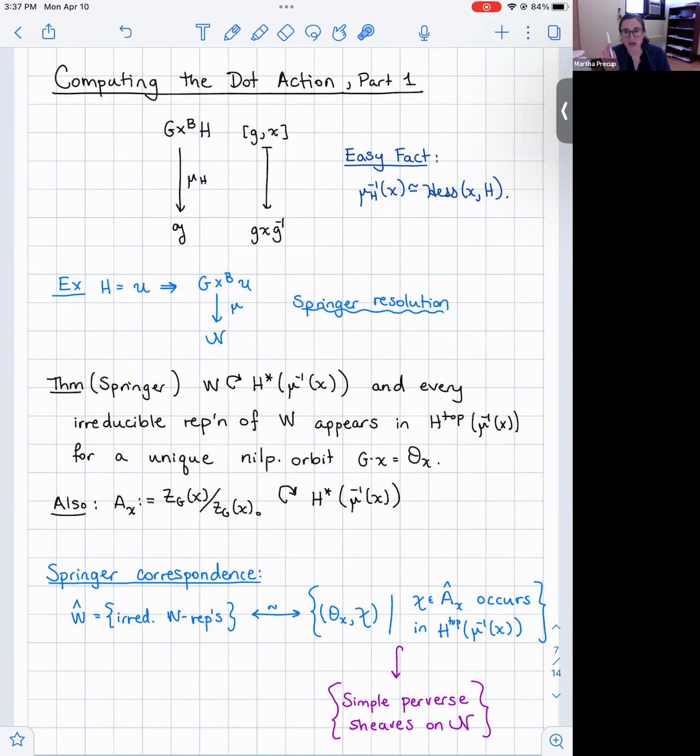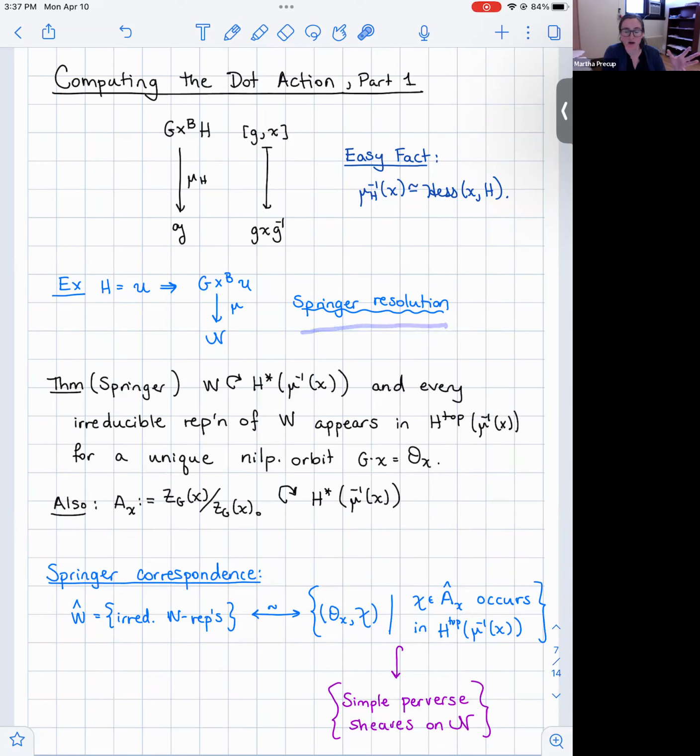This construction might look very familiar because if you know Springer theory, this is exactly a generalization of the Springer resolution. If your Hessenberg space is exactly the nilradical of the Lie algebra, you get precisely the Springer resolution.